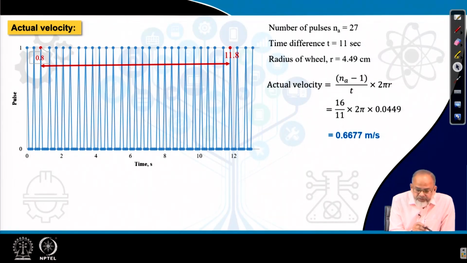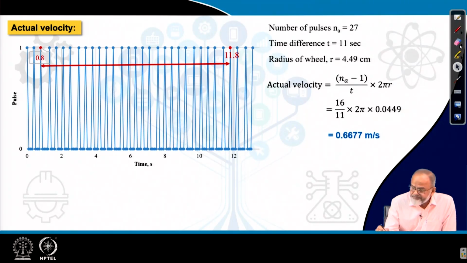Okay. So, now actual velocity, if you count, I have started from 0.8 and I have gone up to 11.8 seconds, and in between I am getting 27 spikes. So, 27 minus 1 by 11, oh sorry, 26 by 11 into 2 pi r.